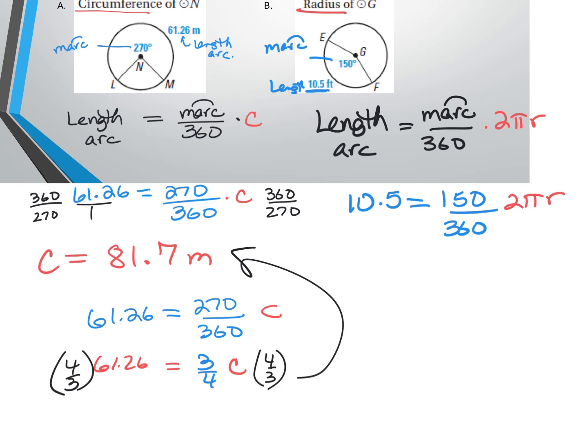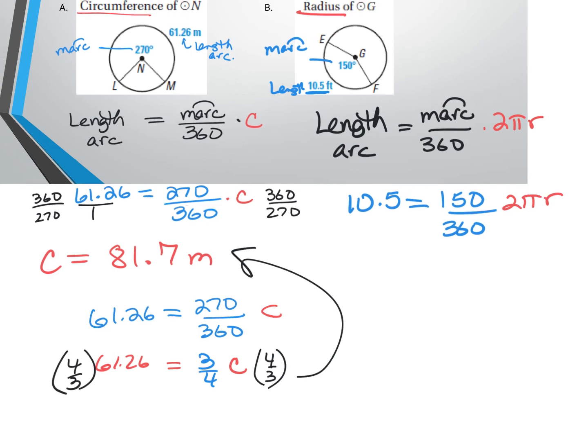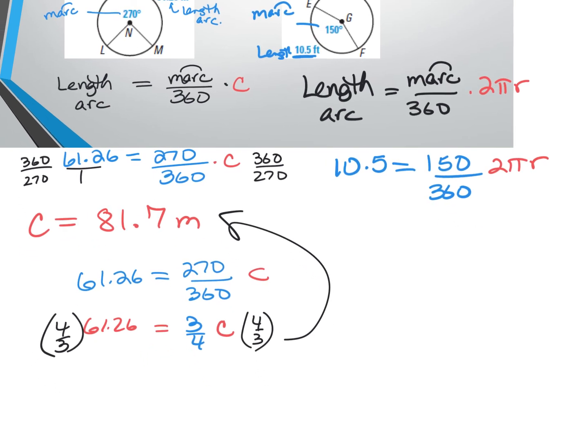Now, I could actually also leave this one in terms of pi. I'll go ahead and do that. So what I'm going to do here is I'm going to simplify some stuff. I'm going to cut off the zeros. And then I could also reduce the fraction, 15 over 36. I can divide them both by 3, and make it 5/12.